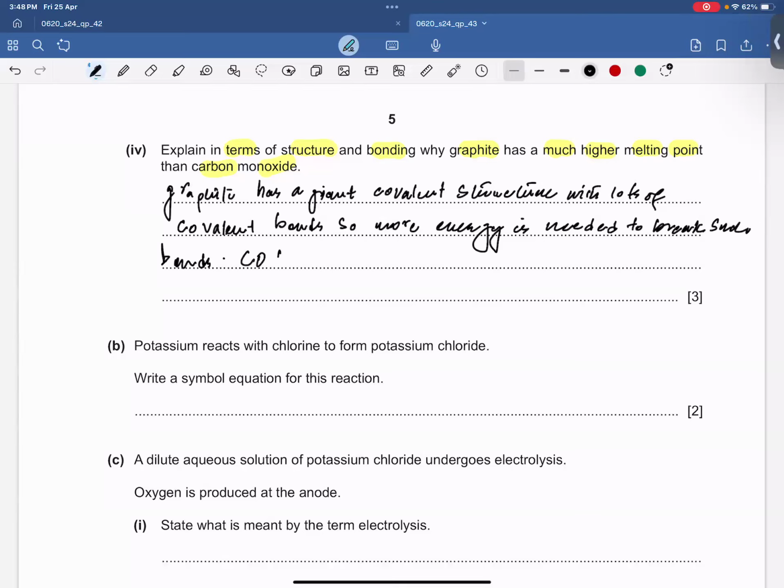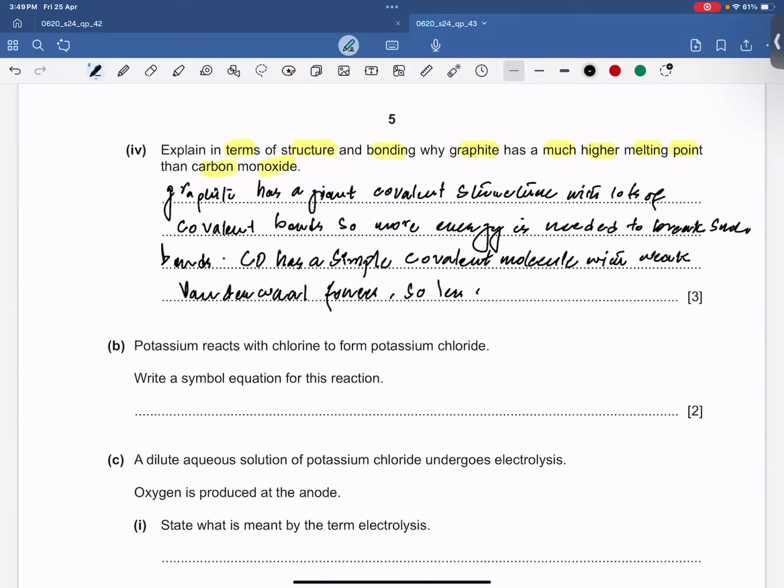Carbon monoxide has a simple covalent molecule with weak van der Waals forces. So less energy is needed to overcome such force.